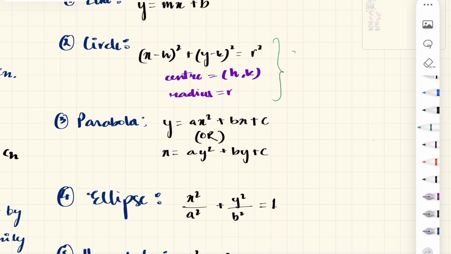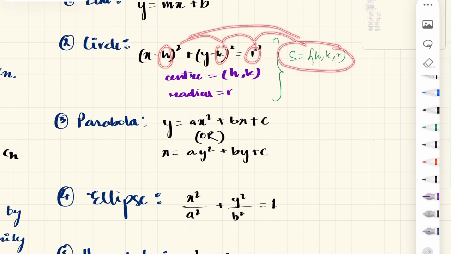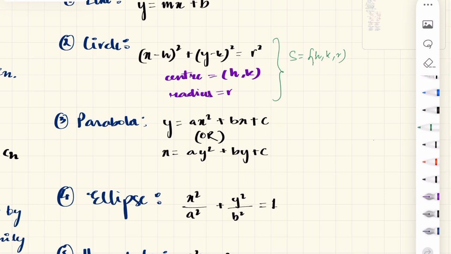Let's say I have a set including h, k, r, because here we have h, k, r. So it's a set of real numbers including h, k, r. Got it? So we have an equation f(x, y, h, k, r) equal to 0.